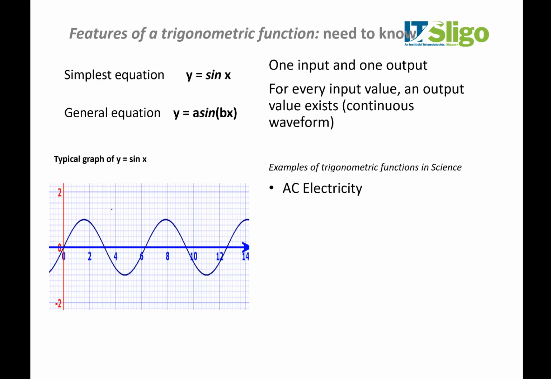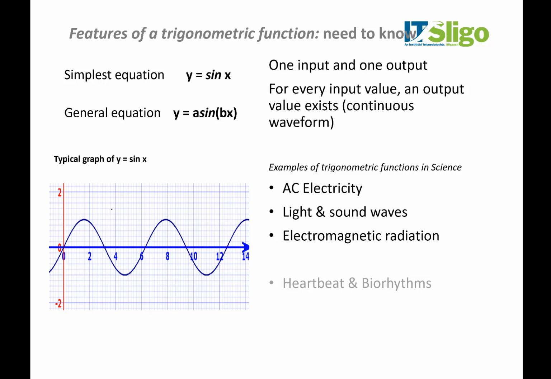Some examples: AC electricity. So coming out of your socket is a very pure sine wave. Light and sound waves. So anything you see, anything you hear is due to waves, energy waves. And then we have electromagnetic radiation, electromagnetic waves, TV, your phone, anything electronic that's connected to the internet, you can be sure there's waves involved in that.